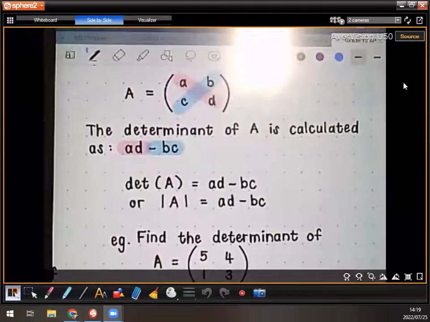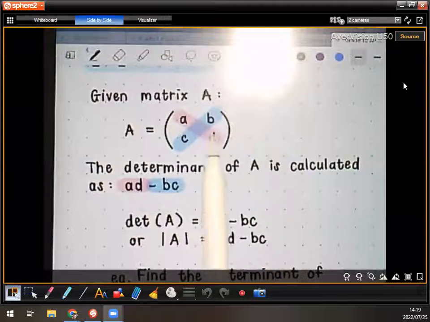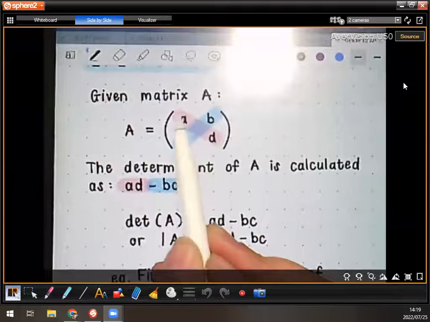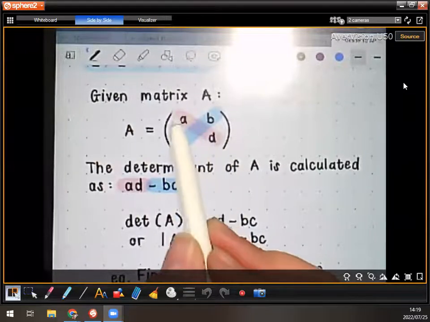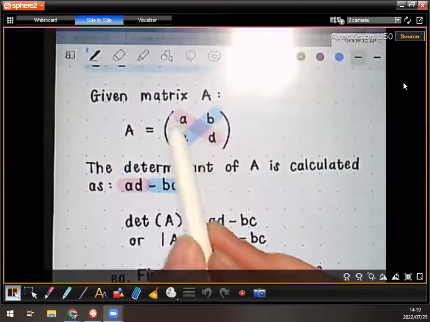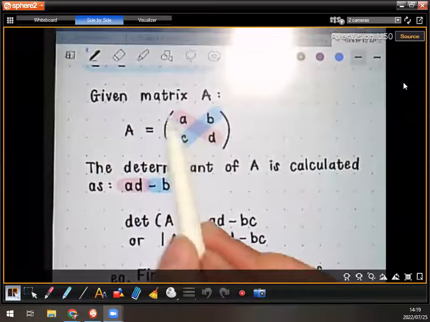All right, guys. So are we understanding that if you have a matrix, and they're asking you to find the determinant of that matrix, what you're going to do is multiply the elements of the leading diagonal. So A and D, whatever those numbers are, might be negative, might be positive, you just multiply them.